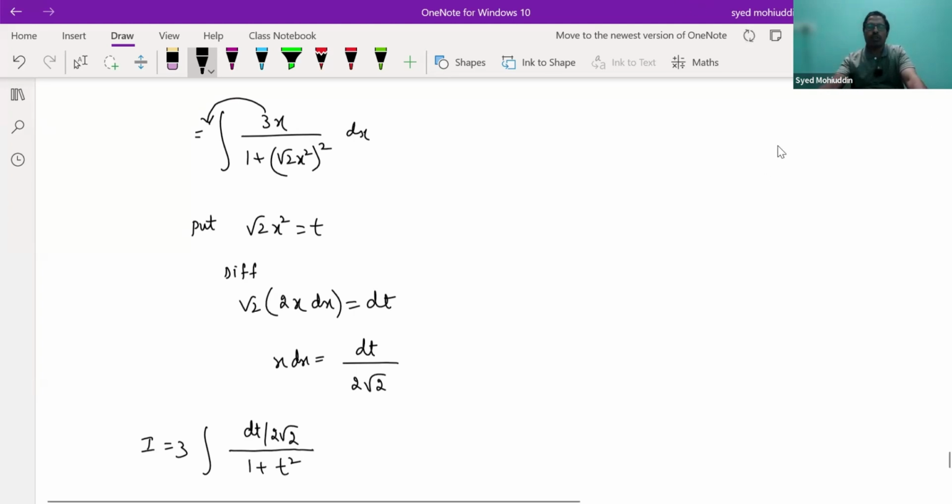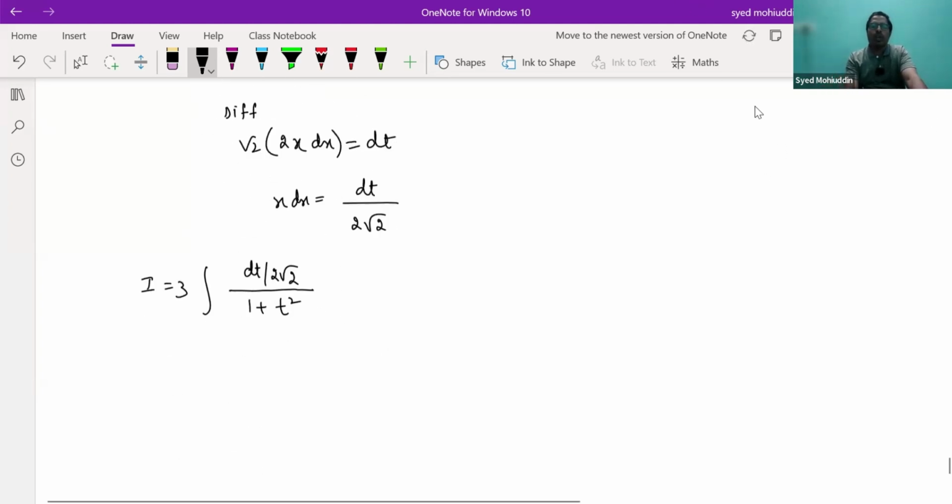Further, if you simplify, 1 by 2 root 2 you can take outside. So 3 by 2 root 2 we will get, and integral of dt by t square plus 1, so that we can use this formula.